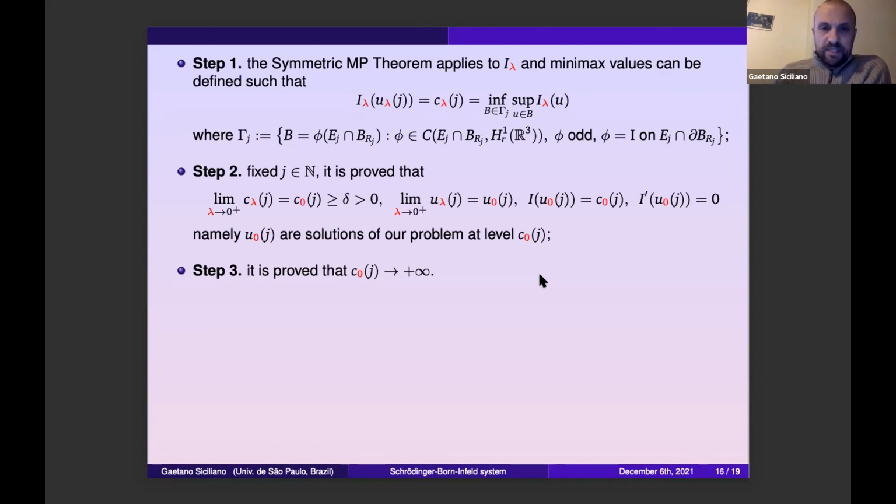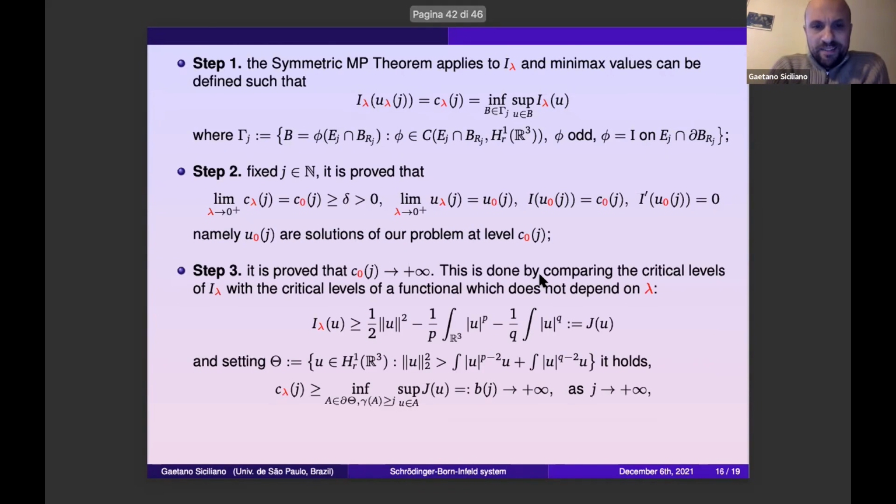This is a little bit technical, but at the end, the fact is that we need to compare our functional, which has a lambda, with something which does not have lambda. A good choice is this functional J. Then we apply again the symmetric mountain pass theorem to this functional J on a suitable manifold.